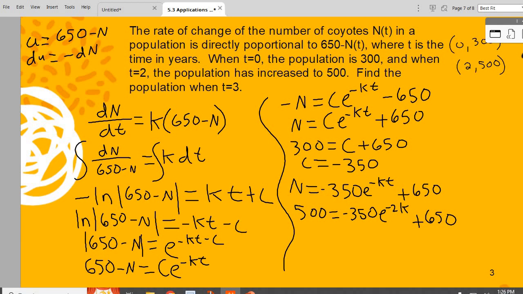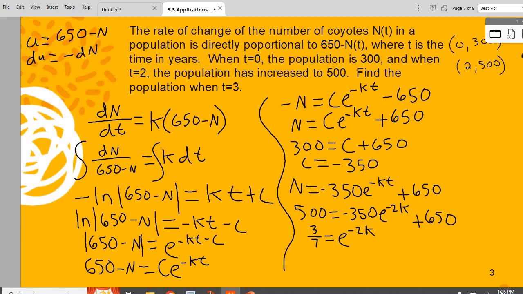And then we want to divide by negative 350, because we need to end up being positive. What is 150 divided by 350? So we get 3/7 equals E to the negative 2K.